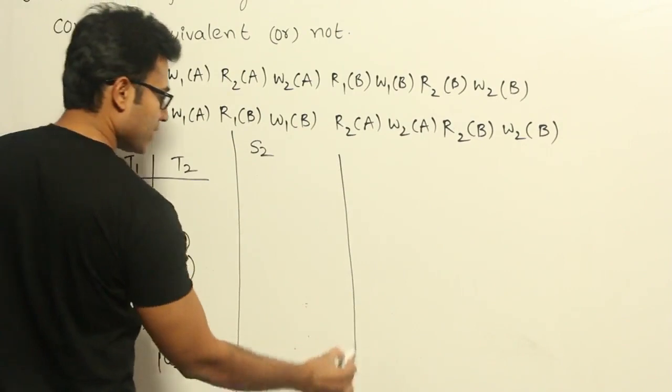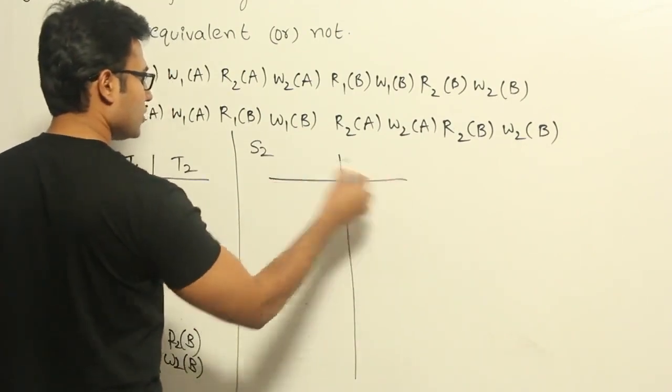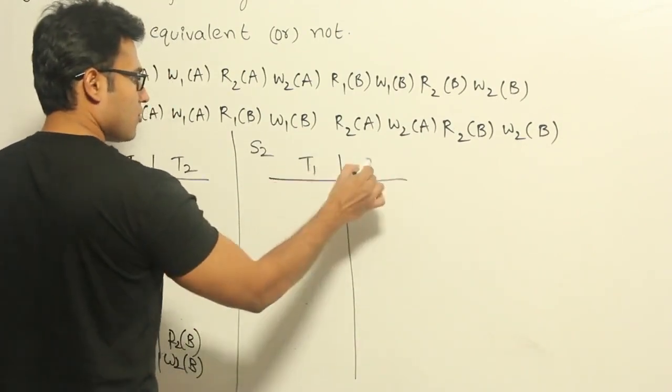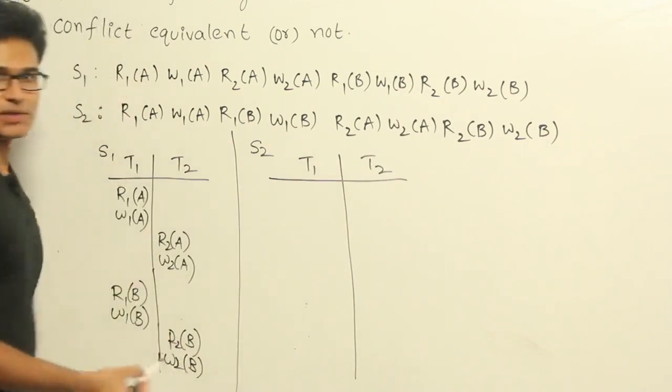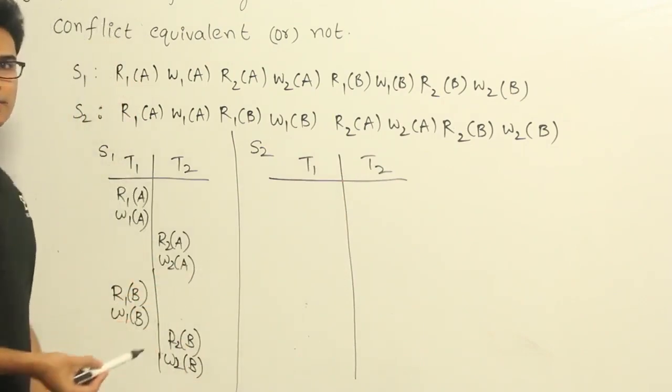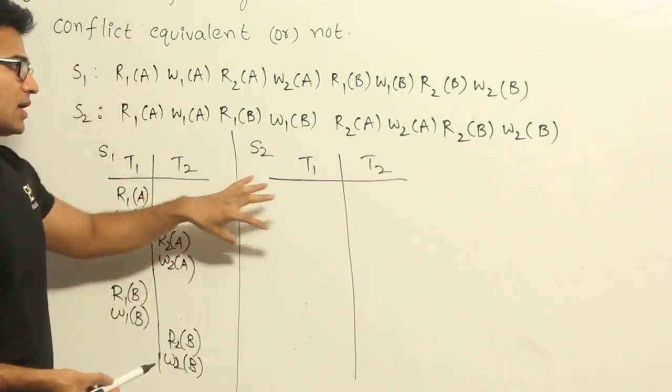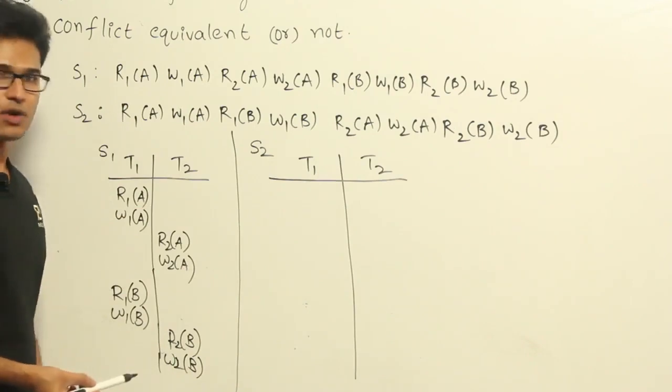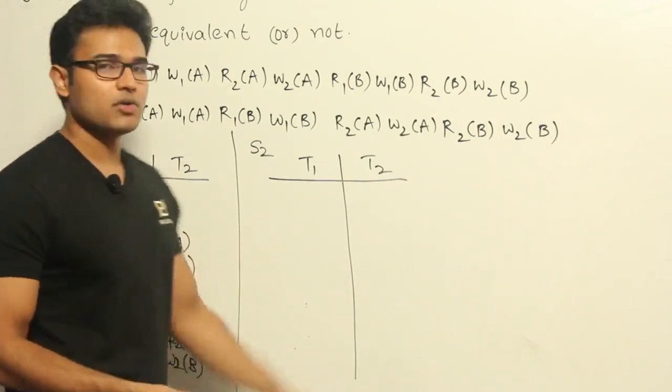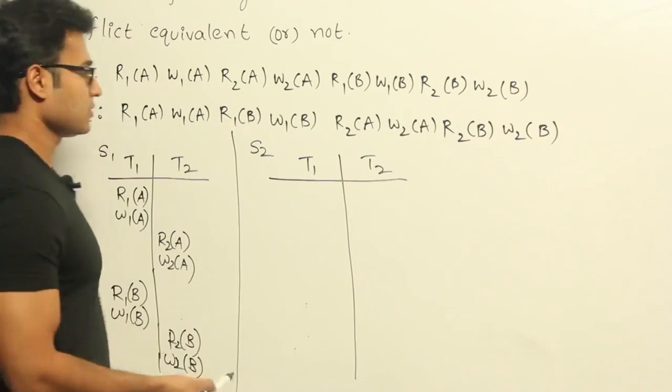Okay, now the other schedule, let's call it S2. It again has two transactions, because both schedules are formed from the same transactions. Otherwise we don't really compare them. If the schedules are not formed from the same transactions, we are not going to compare them. There is no need for comparison, right?